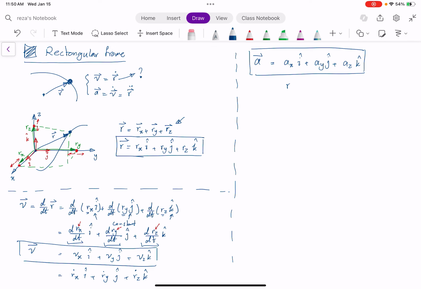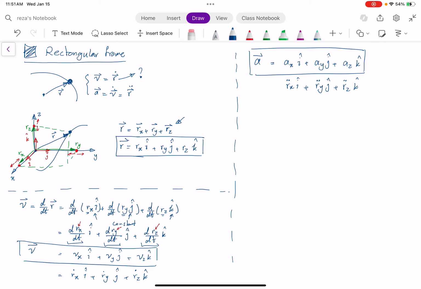Similarly for acceleration, you have rx double dot i plus ry double dot j plus rz double dot k. If you know any of these variables, the accelerations, positions, or velocities for any of these components, you can take either derivative to go back or forward, or integrals to find the other ones.